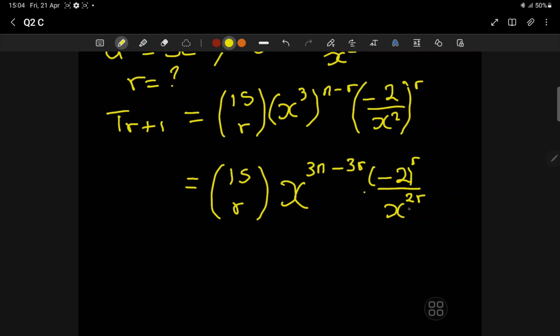When we reach here, we need to take this x squared to become a numerator there.